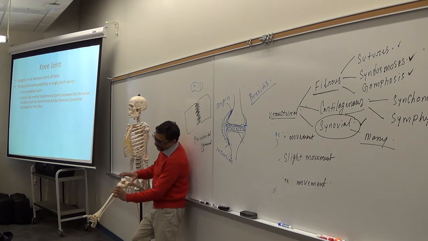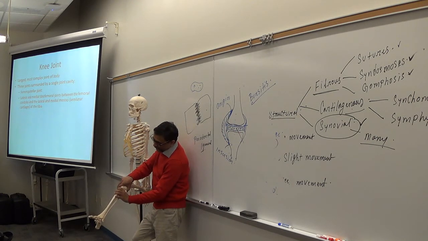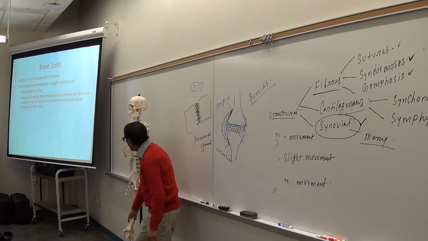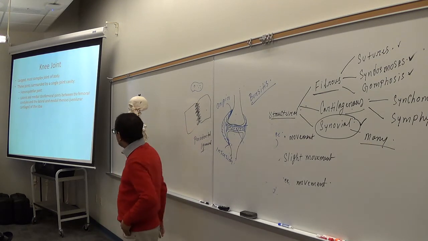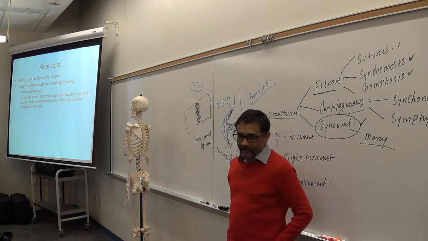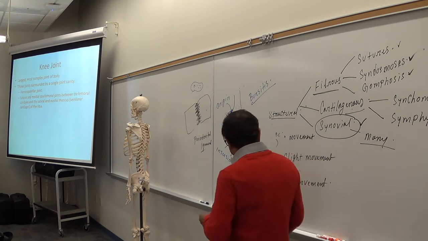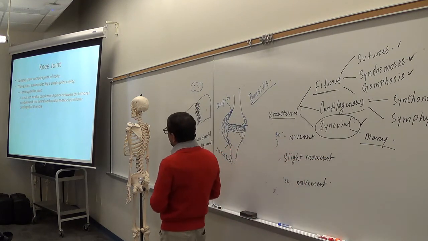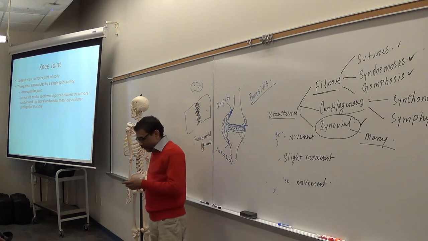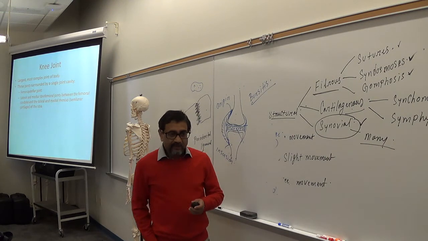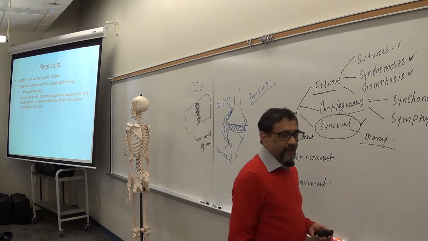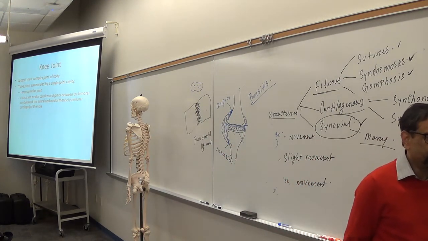So these three joints together form the knee joint. Two tibiofemoral and one patellofemoral or femoropatellar. So those are three joints. Okay, that's why it is a complex joint. Three joints inside one, and this is the largest joint of the body.